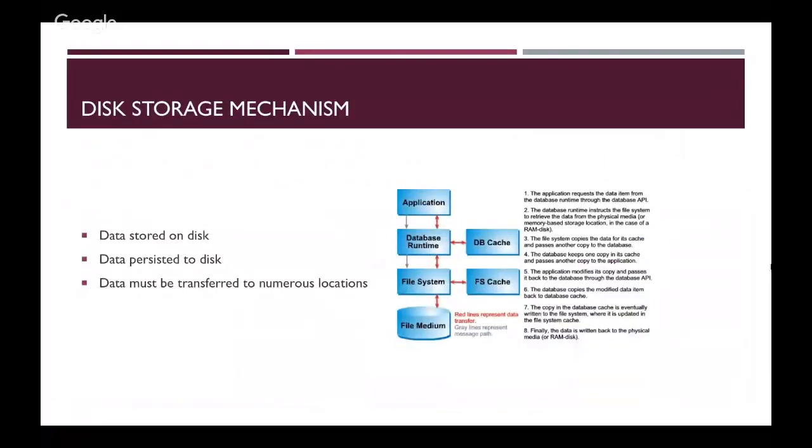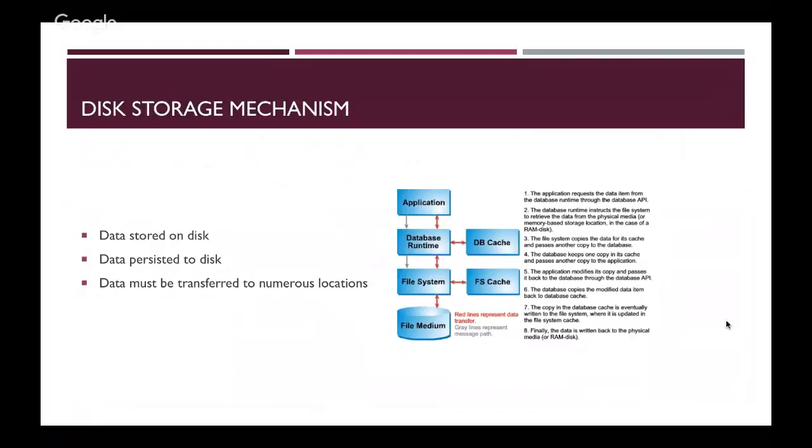So now I'm going to talk about the disk storage mechanism, which is the traditional way of storing data. In the disk storage mechanism, all data is stored on the disk. And in order for the information to be retrieved, disk input output is needed to move the data into main memory when needed.